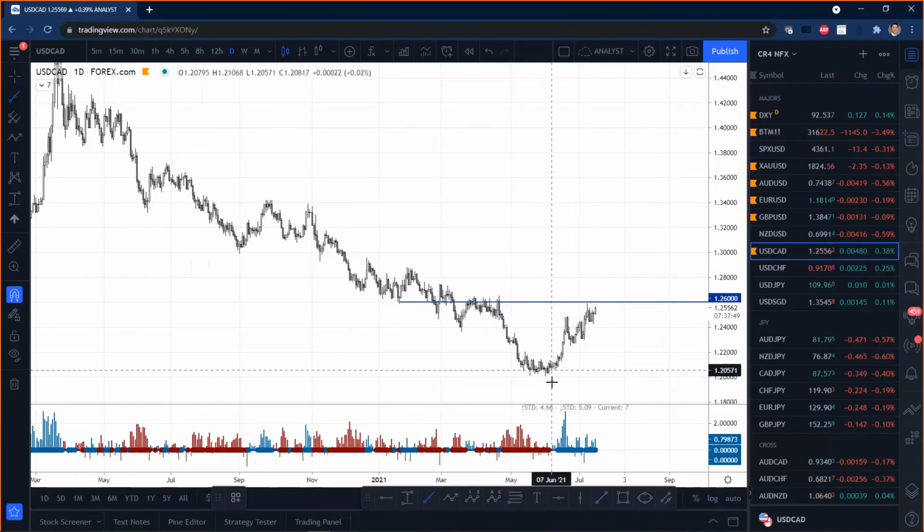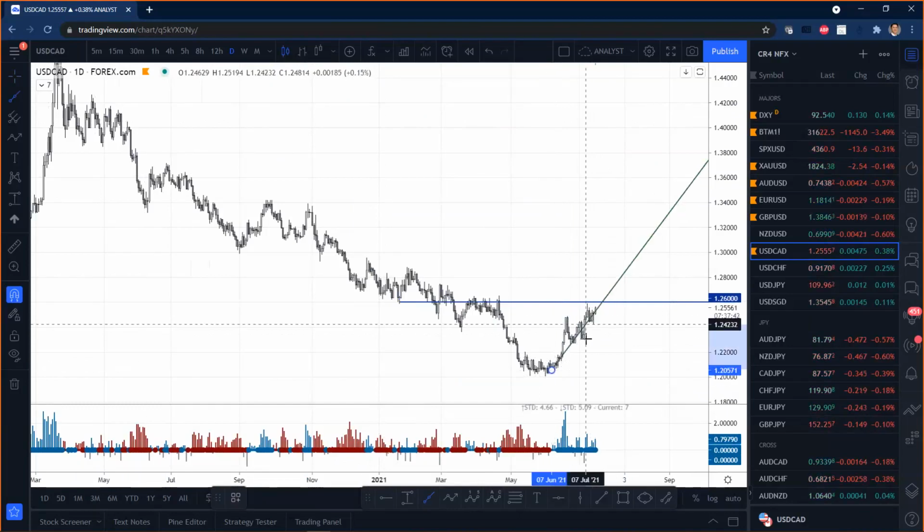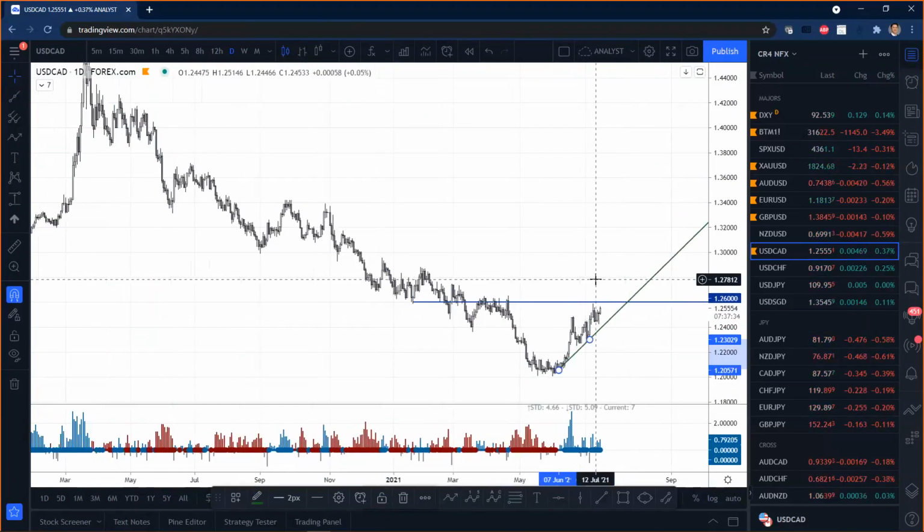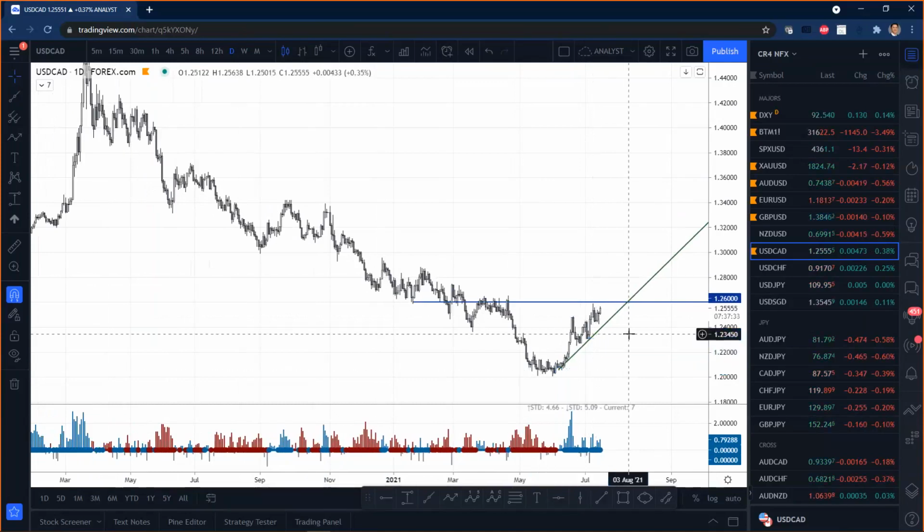So if CAD decides to be really weak, and the dollar decides to be overall very strong, then that's where we get continued pushes and impulse moves to the upside. Again, just something to keep in mind.